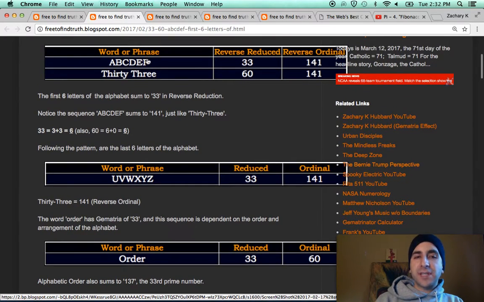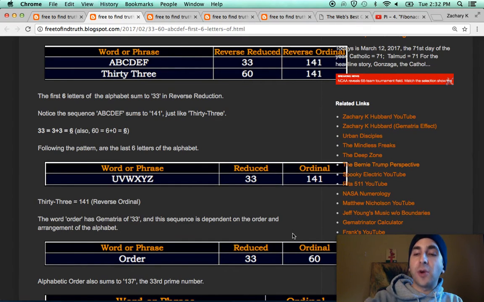So that's the first 6 letters of the alphabet. The reason that's interesting is because the numerology of 33 is 3 plus 3 is 6. Just like the numerology of order in ordinal 60, the numerology of 60 is 6 plus 0 equals 6.